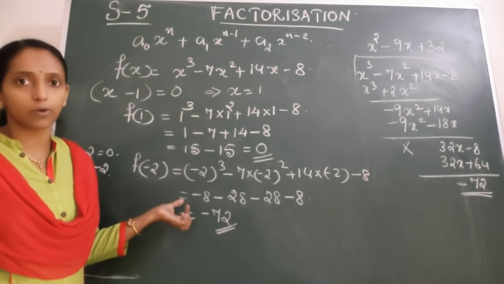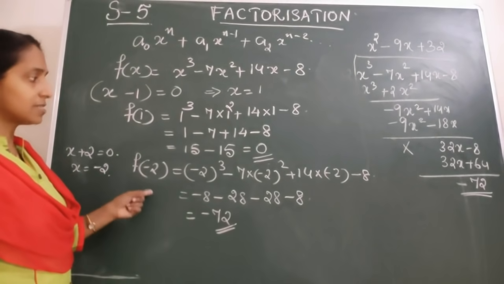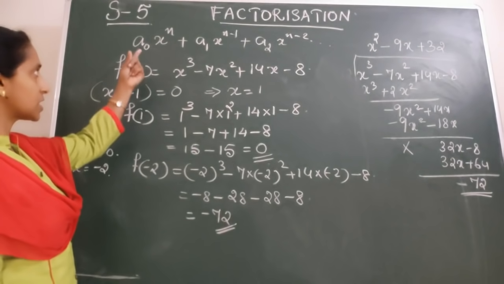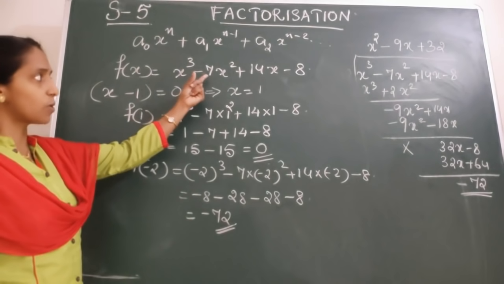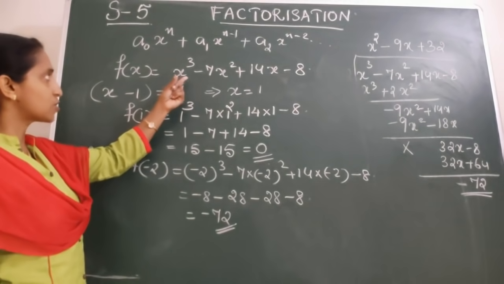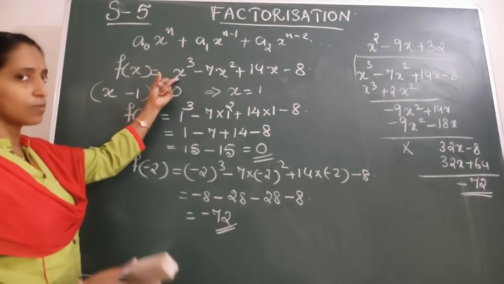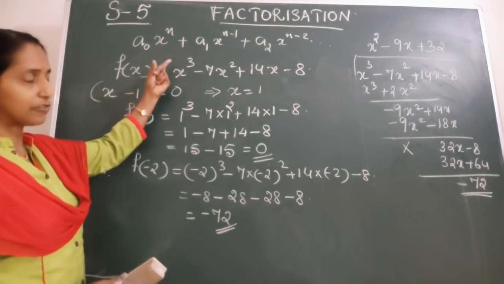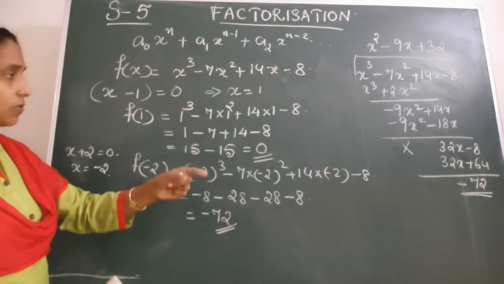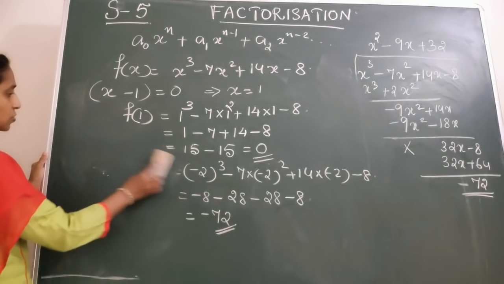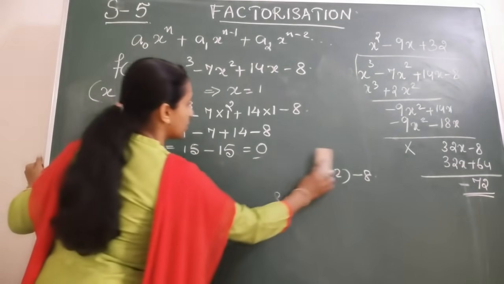That's what we are going to see. So: the factor theorem, the remainder theorem, as well as polynomials and polynomial factorization. As I have told you, this polynomial has 3 factors. I will show you how to find the 3 factors after completing this concept.